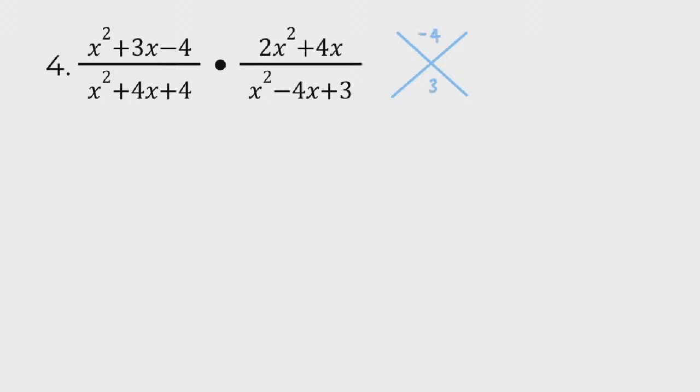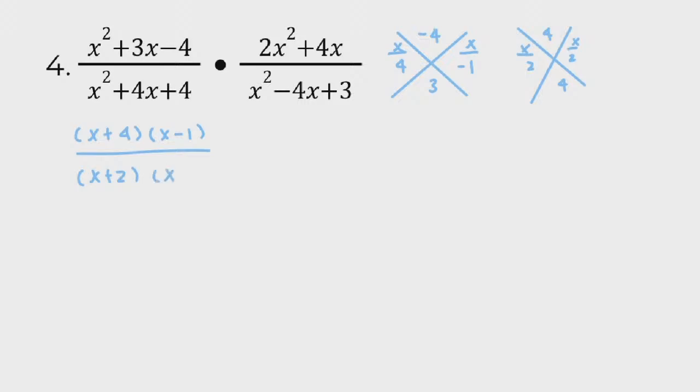So that's going to be 4 and negative 1. So this will be x plus 4 times x minus 1. Then for the denominator, we have 4 on the top, 4 on the bottom, so that'll be 2 and 2. So we have x plus 2 times x plus 2.